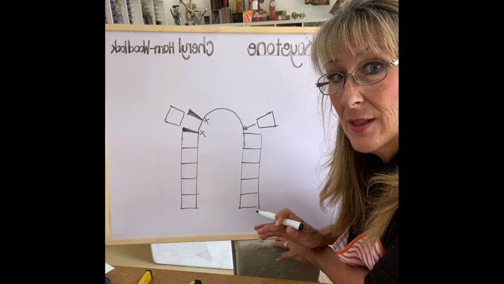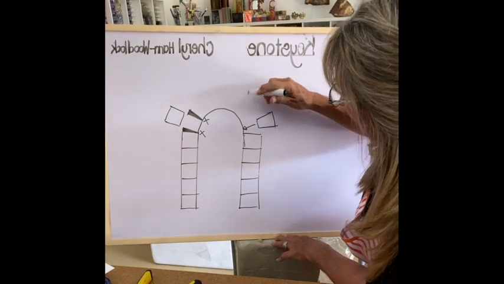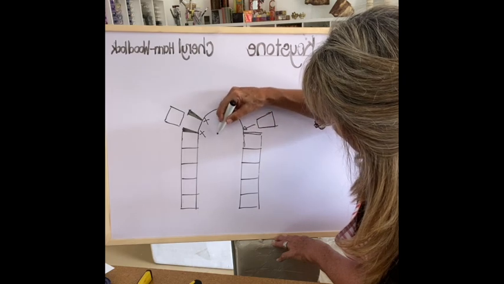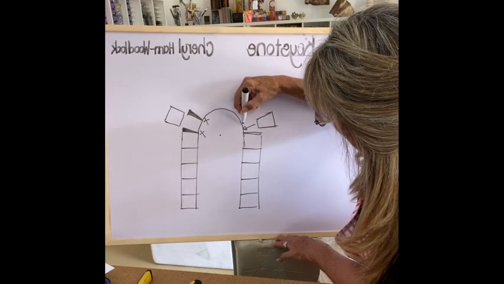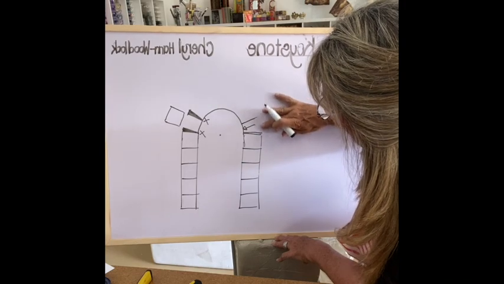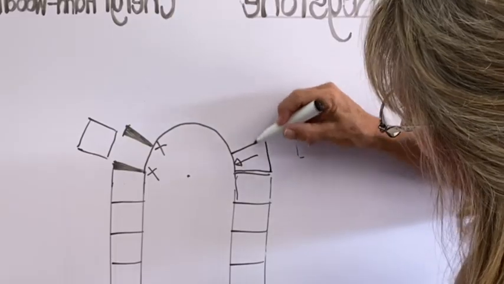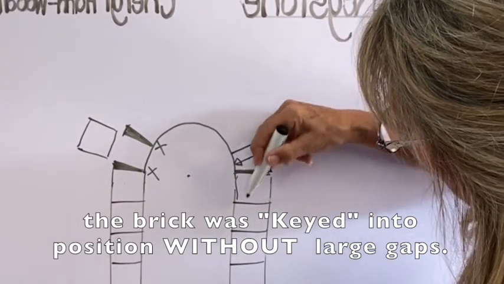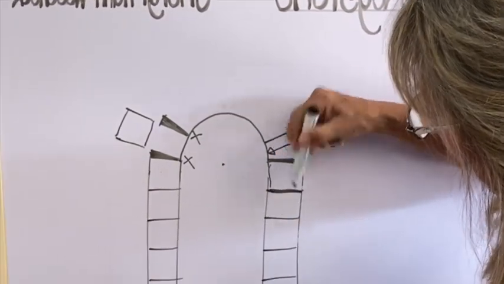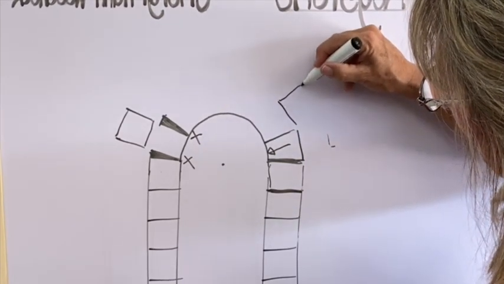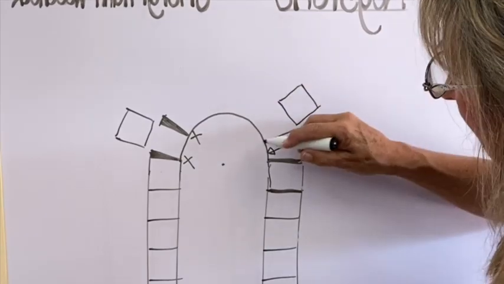And what happened was they ended up with a stone that keyed into place. So the gap was only that large. The next brick would also be cut into place.